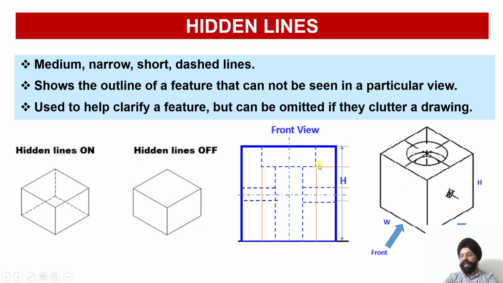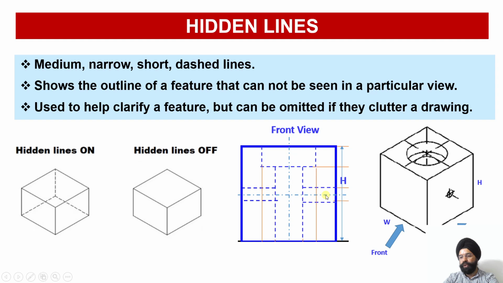Since there is a hole but it is not visible from this side, I will draw this as a dotted one. Similarly, at the bottom you have another hole for holding the shank of the bolt, for holding the bolt length. This portion will be drawn once again dotted because I cannot see through that particular portion. Similarly, you have another hole for putting up a screw for securing this bolt in position.